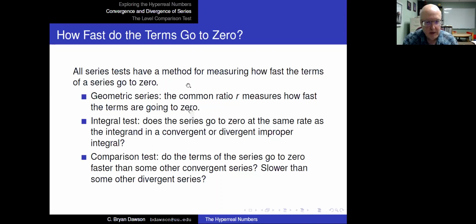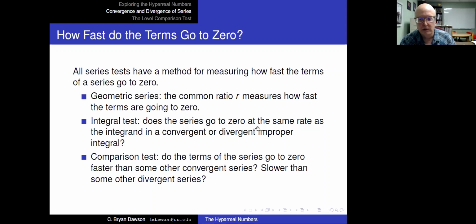And really, all of these series tests have a method for measuring how fast the terms of a series go to 0. For a geometric series, it's the common ratio R that measures how fast the terms are going to 0. So if the absolute value of R is less than 1, it converges, greater than 1, it diverges. Right, your integral test.